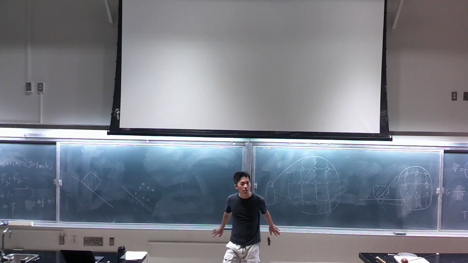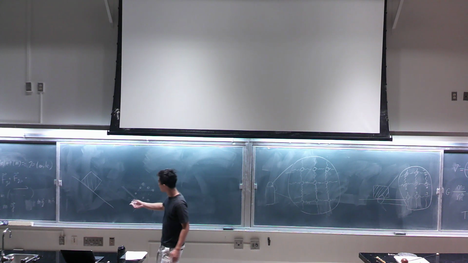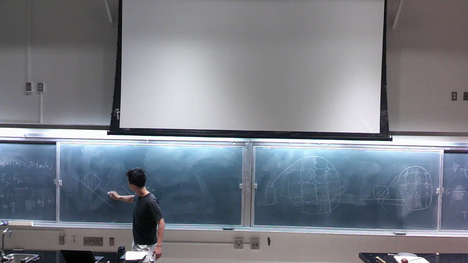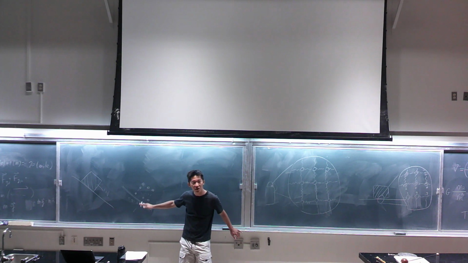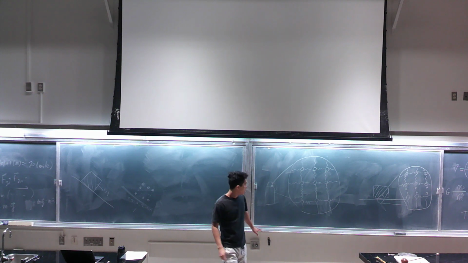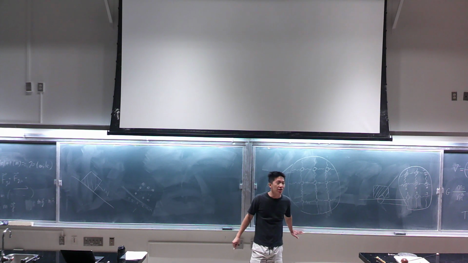So if I want to describe the motion of this block sliding down, I can describe the motion of all these particles. That's one way. But it is obviously unnecessary.